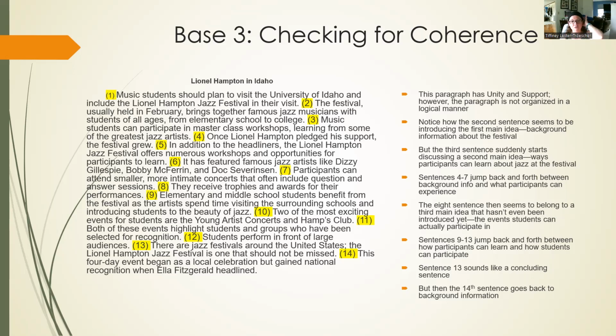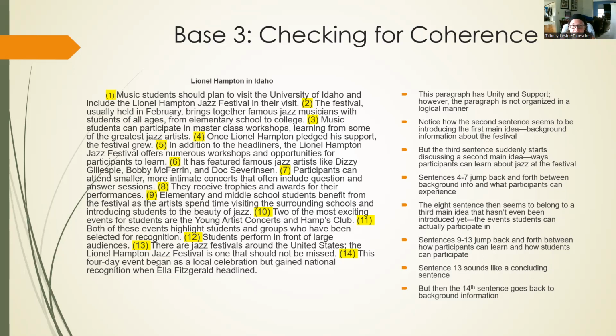Participants can attend smaller, more intimate, number 6. It has featured famous jazz artists like Dizzy Gillespie, Bobby McFerrin, and Doc Severinsen. Well, again, that sounds like background information, but you already switched to the second main idea. So we've not done a very good job of keeping the information in their proper places.